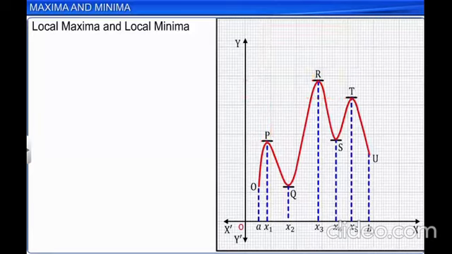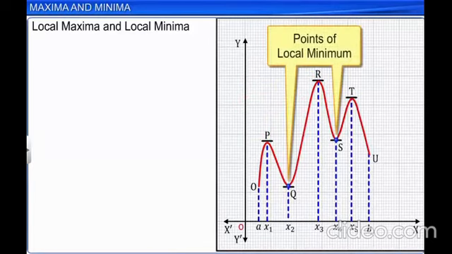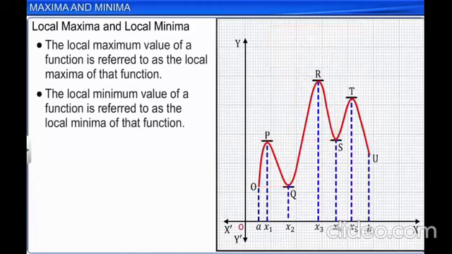Similarly, the points Q and S are called the points of local minimum, and the values at these points, that is, the y-coordinates of points Q and S, are called the local minimum values of f(x). The local maximum value and the local minimum value of a function are referred to as the local maxima and the local minima, respectively, of that function.